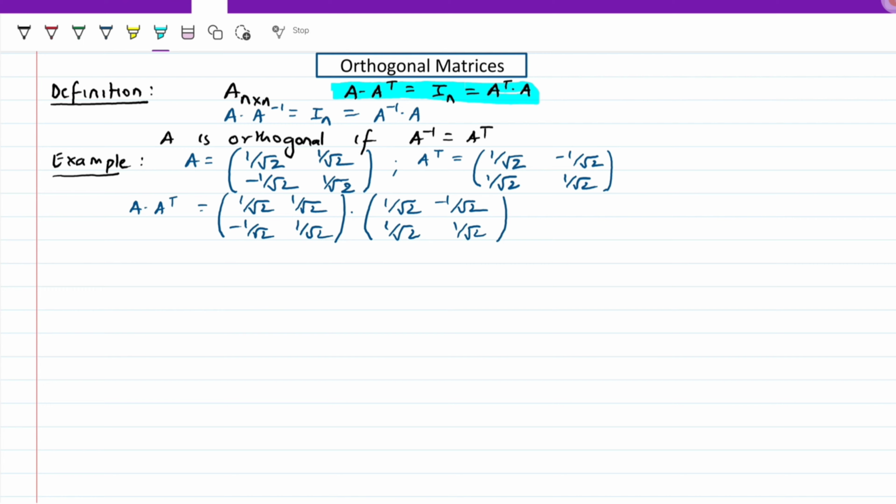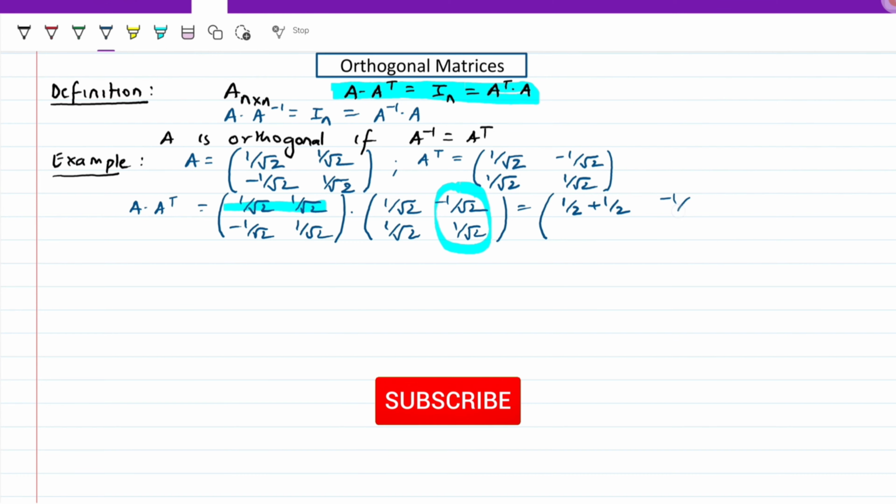So taking the product of first row with the first column, we get 1 by root 2 times 1 by root 2 will be half, and then we will get another half. And likewise, if we take the product of first row with the second column, then it is going to be again negative half and plus half.